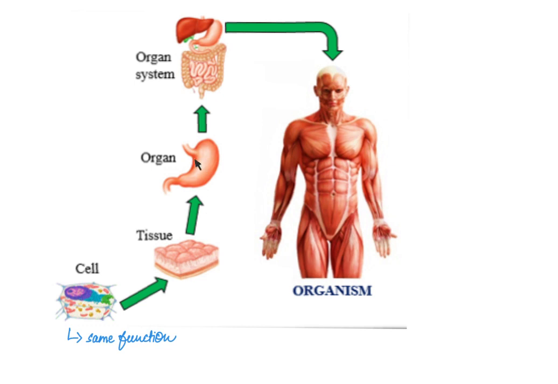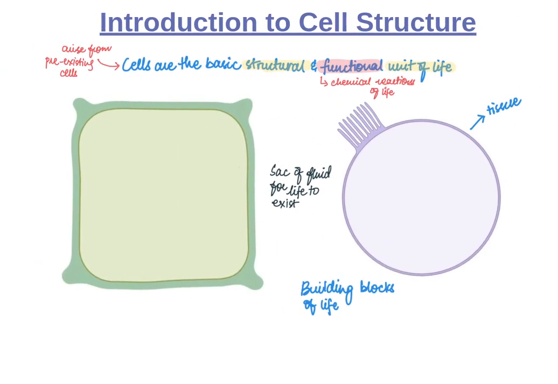Many organs come together to form organ systems, which finally gives rise to a whole organism. And so, without a cell, there will be no tissues and hence no organs or organ systems, which is why these simple cells are considered the building blocks of life, which are responsible for making up the whole organism.